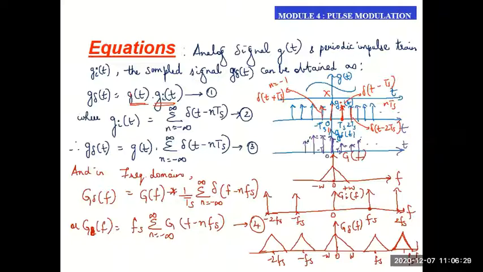So every impulse can be represented as delta of t minus nTs, where n is an integer, which takes all negative numbers, 0 and positive values. So I get a train of impulses, which can be represented using the summation of delta of t minus nTs in the time domain.